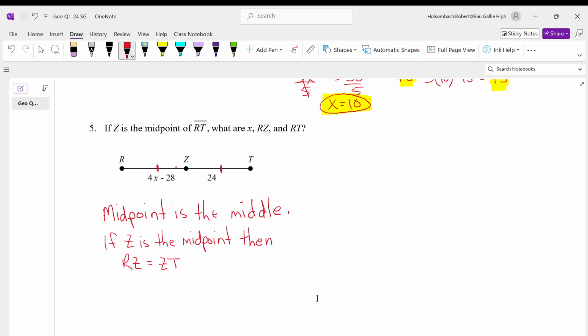Well, if RZ and ZT are equal to each other, how far is it from R to Z? If R to Z and Z to T are equal to each other, and Z to T is 24, how far is it from R to Z?